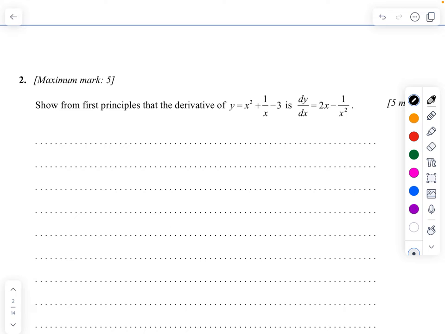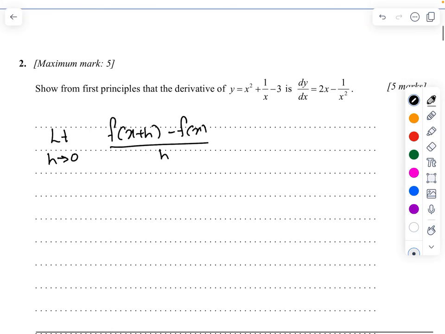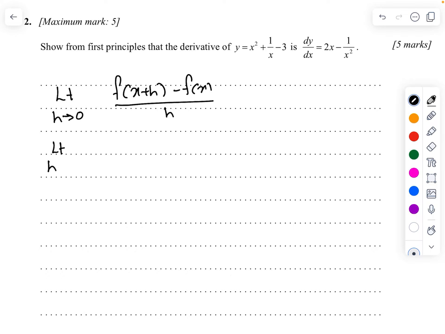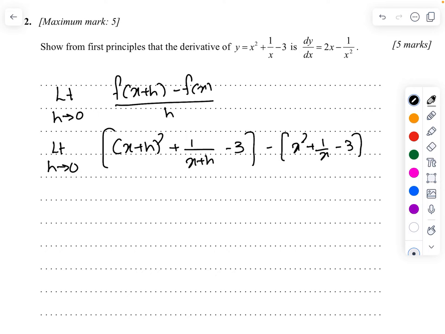Now show that from first principles. What is first principles? Limit h approaches 0, f of x plus h minus f of x upon h. So limit h approaches 0, ((x plus h) squared plus 1 upon x plus h minus 3) minus (x squared plus 1 upon x minus 3), total divided by h.